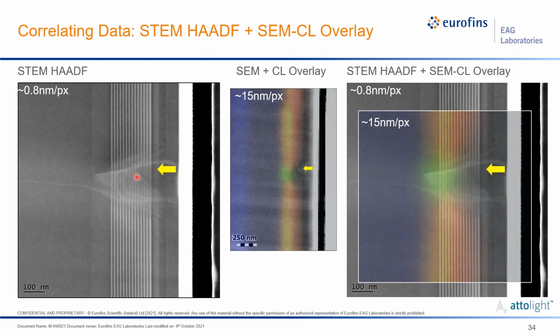This is actually a fairly complex structure. It's not just a single V defect, but it's actually probably an interaction of several together. And so in this region here, we have the sidewalls of the V defect. There's actually very, very thin multi-quantum wells that go down the sidewalls. So it's quite possible that this emission is related to that.